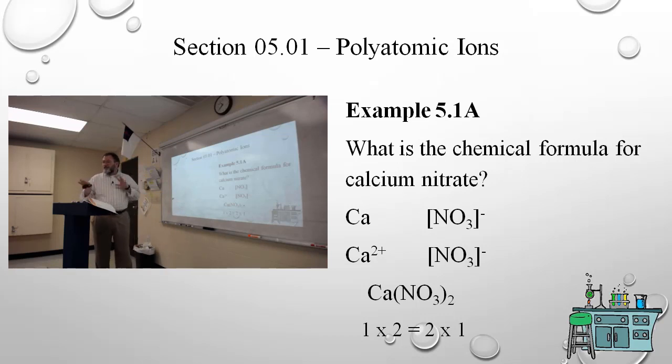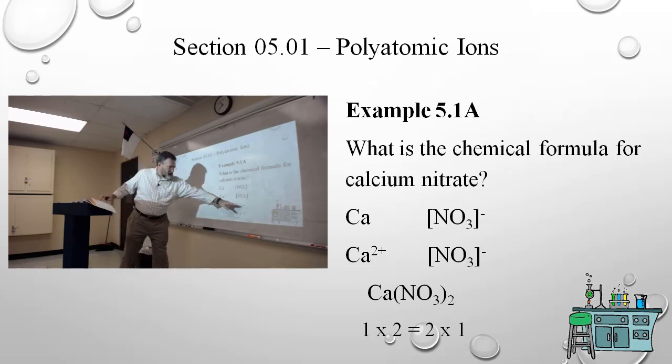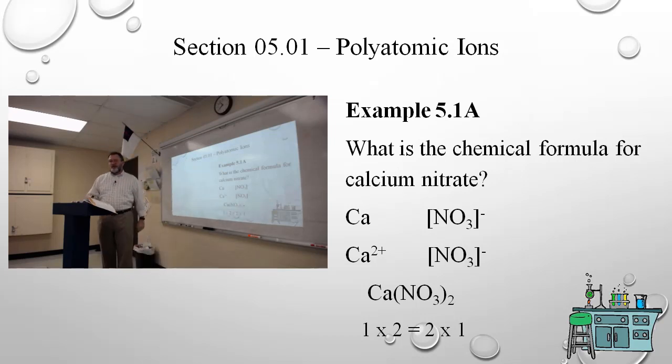Here is one of the things you need to be able to do when you see a molecule like this. If I ask you the question, how many calcium atoms are in this molecule? How many calciums do I need? If I had building blocks of each of these elements, how many calciums would I need?